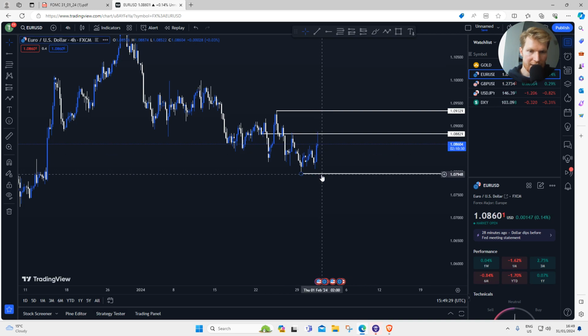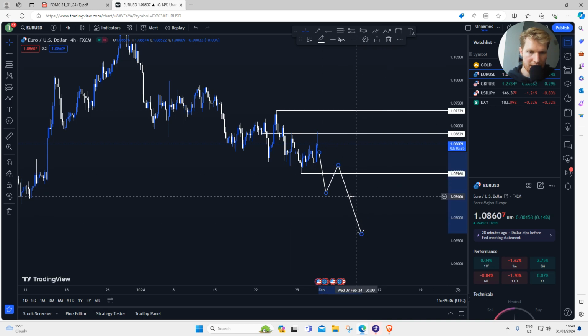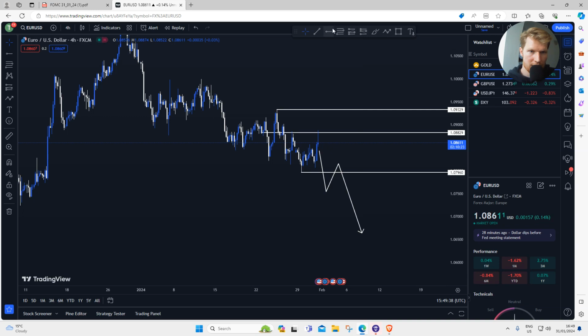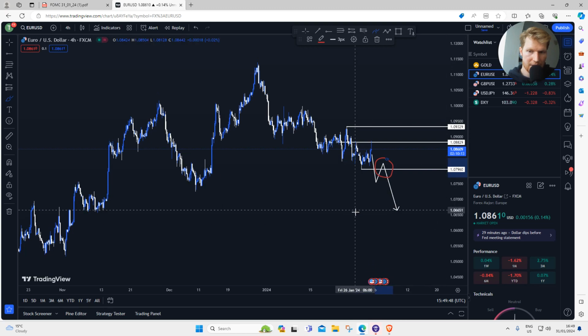And if we get that hawkish tone, I'm expecting this, and continuations. And I think this area right here is going to be where you're going to want to get your entries.